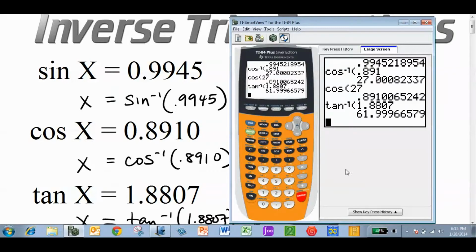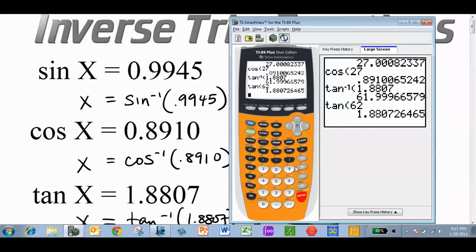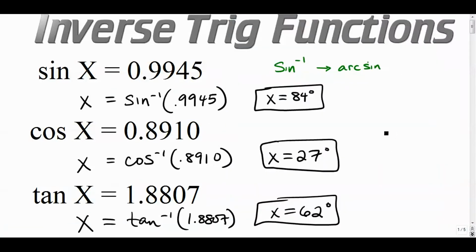So if we were to check this, the tangent of 62 is 1.8807. Hopefully you're seeing that, going back up to the first one, the sine of 84 is equal to 0.9945, which means the inverse sine, or the arcsine, of 0.9945 equals 84.